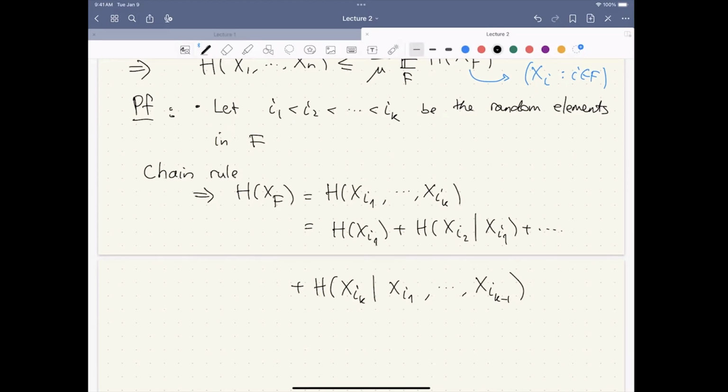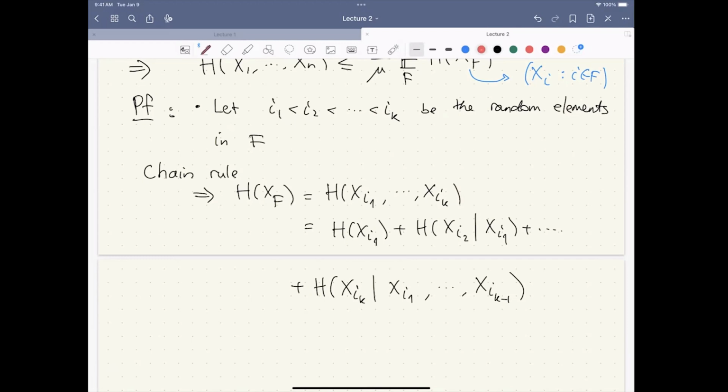Now instead of dropping conditioning, we're going to add more conditioning. This will decrease the entropy, in the opposite direction. If you drop the conditioning, you increase the entropy. If you add conditioning, you decrease it. So let's add more.